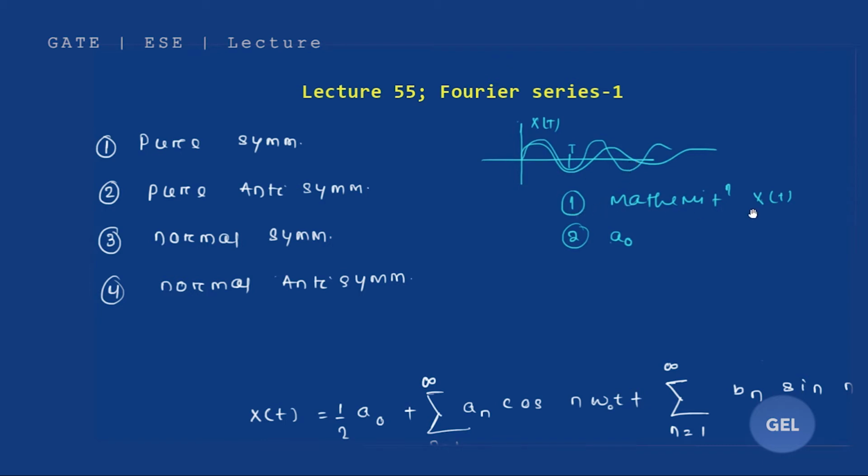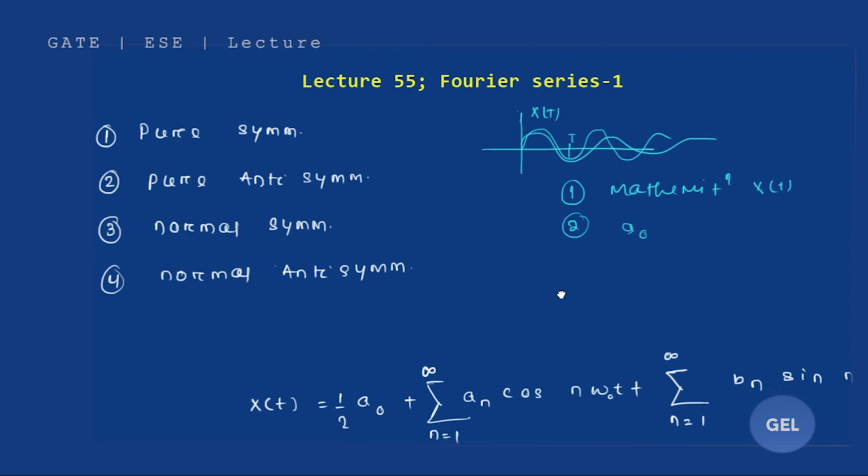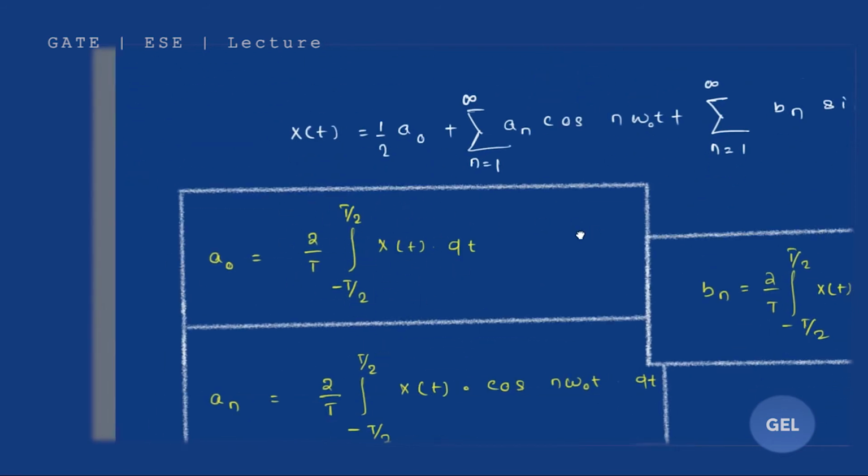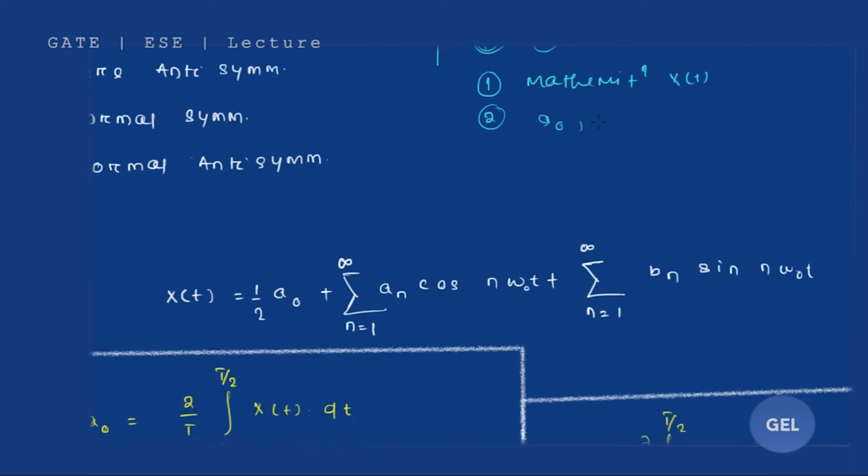You need to represent x(t) in a mathematical format first. Then you get into finding the a0 value, where a0 is nothing but this formula. By putting in this formula, you find the a0 value, then you need to go for an, then you need to go for bn.